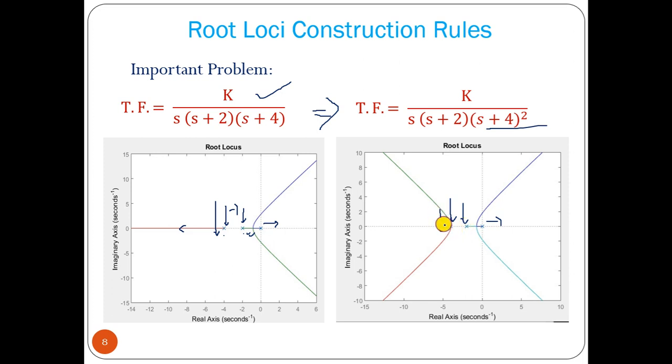Now here on the right-hand side, as the s plus 2 square term is there, here we have 2 poles, 1, 1, so total 4. As we have 4 poles on the right-hand side, the root locus path here does not exist. Here it exists because we have 3 poles. Here it is 4 poles because the s plus 4 square term is there. So this is the concept that you have to remember.